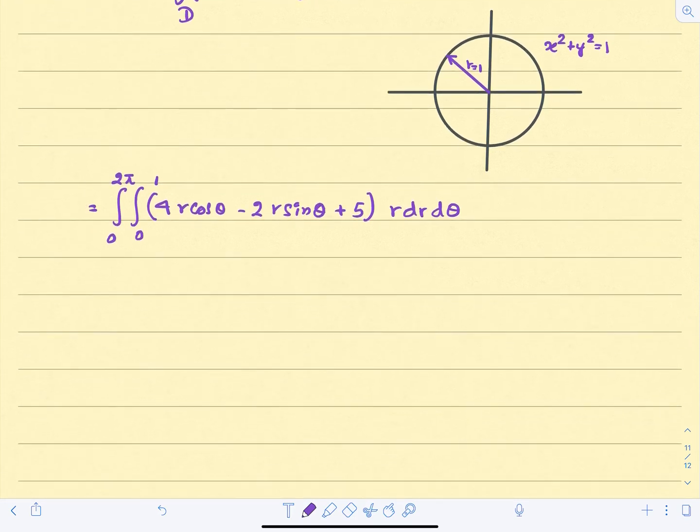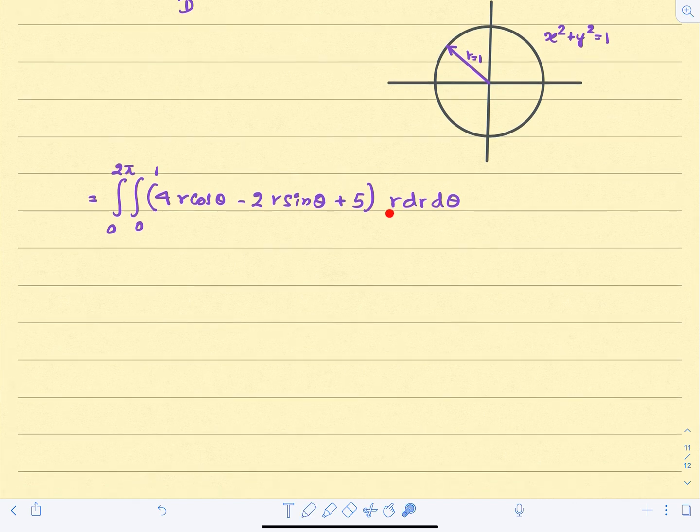So let's distribute this r before we integrate with respect to the r variable. If you distribute this, you will get 4r squared cosine theta minus 2r squared sine theta plus 5r dr d theta.